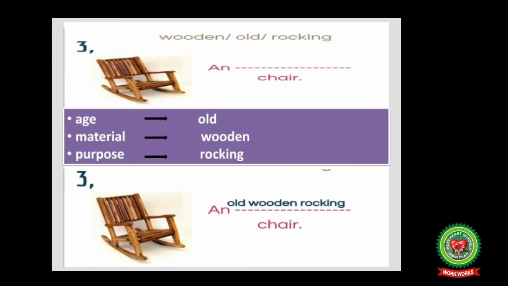Number 3, wooden, old, rocking. Now students, by following the acronym, first comes the age, here it is old, material, that is wooden, purpose, that is rocking. So our answer becomes an old wooden rocking chair.